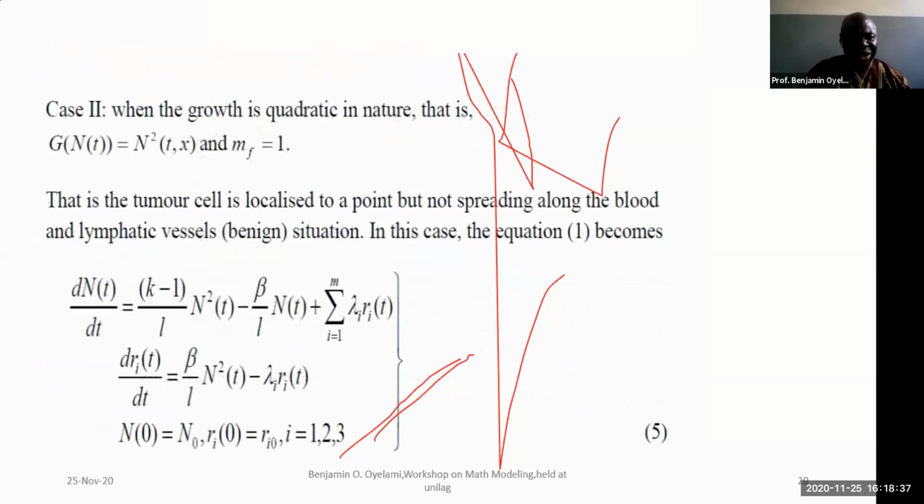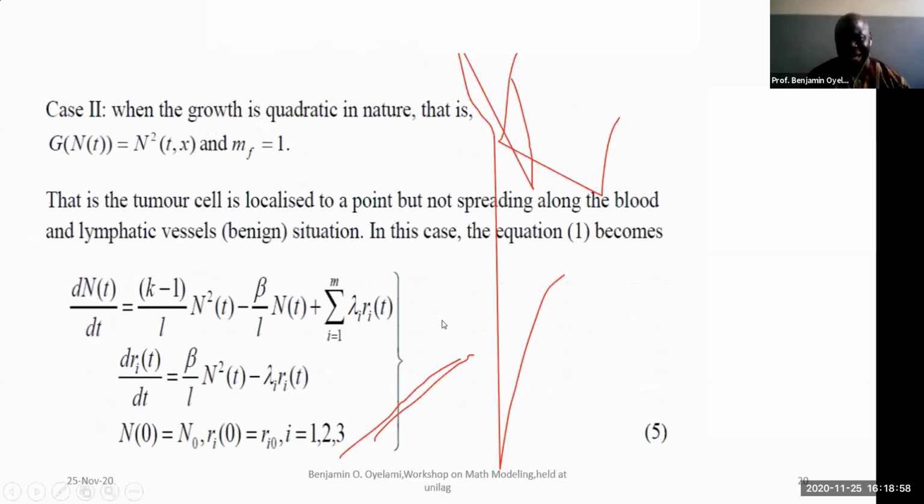So we can study, for example, if the cancer is taking some quadratic growth, where G of N here is modeled by this, and this factor is 1. So we have a model like this. So this type of tumor cells is localized to a point.